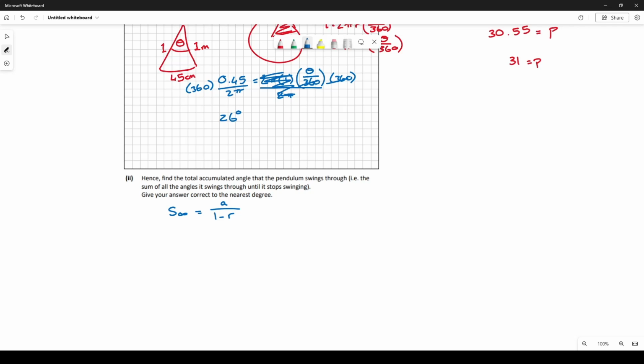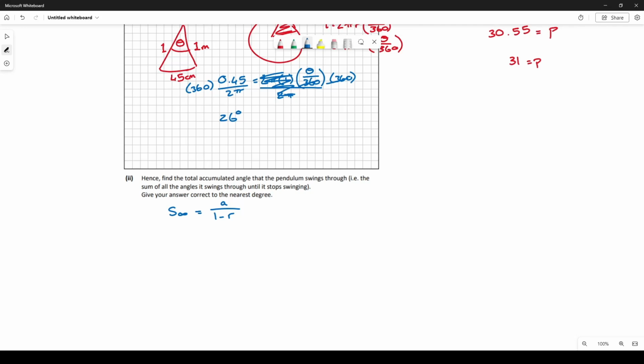Now, here's a weird thing, actually. In this one specifically, this isn't to do with sequences and series in general, but because the arc length was 90% each time, like it says at the start of the question, it means that the angle is also 90% each time.